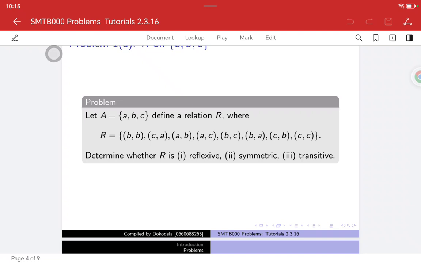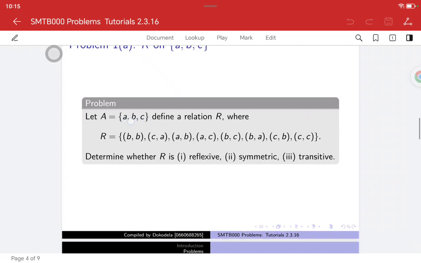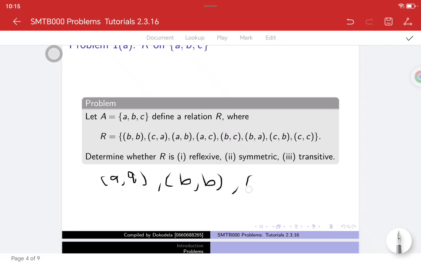So let's check here. The elements that we're given are A, B, C. So for this to be reflexive, we must have AA, we must have BB, and we must have CC, because we're given three elements, A, B, C, and each element should be related to itself.